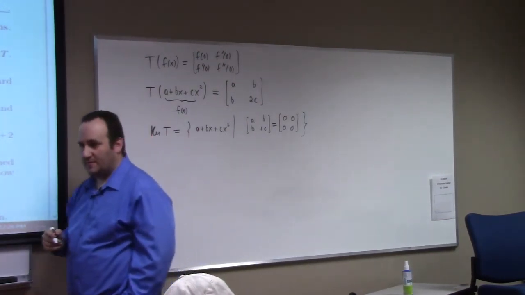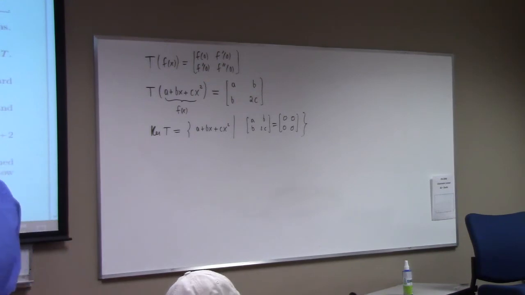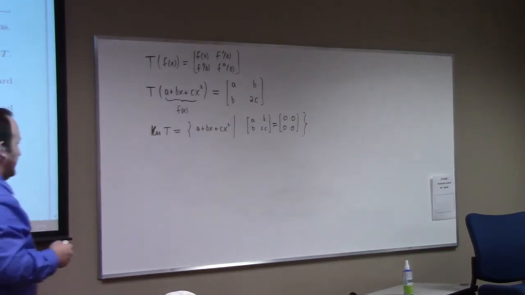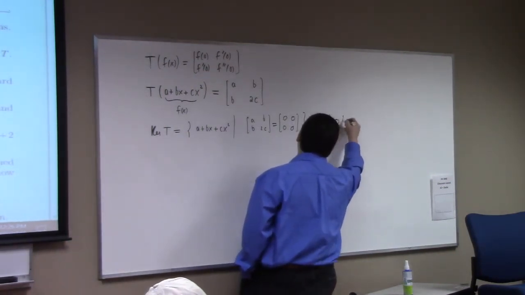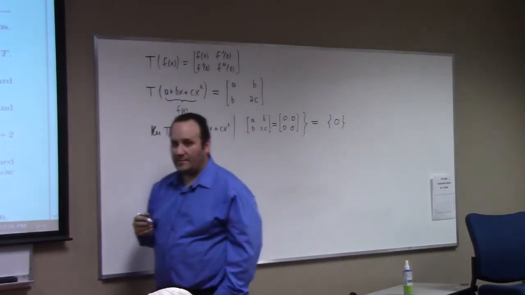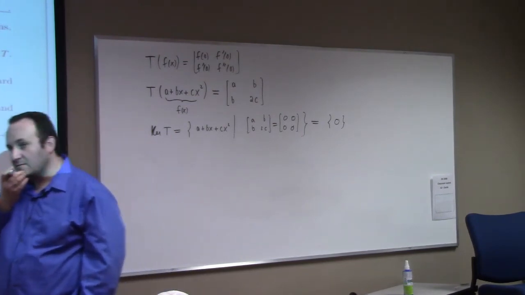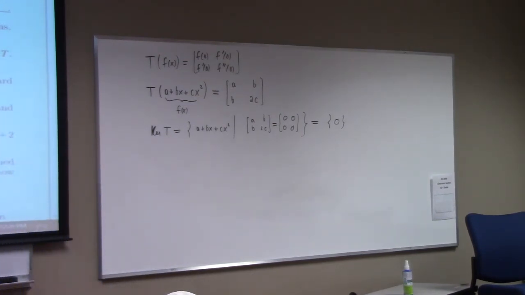So it's pretty easy to see that that makes a 0, b 0, and c 0. So the kernel is just 0. So what can you tell me about the map then, assuming it's linear? It's one-to-one, right? It's an injective map.